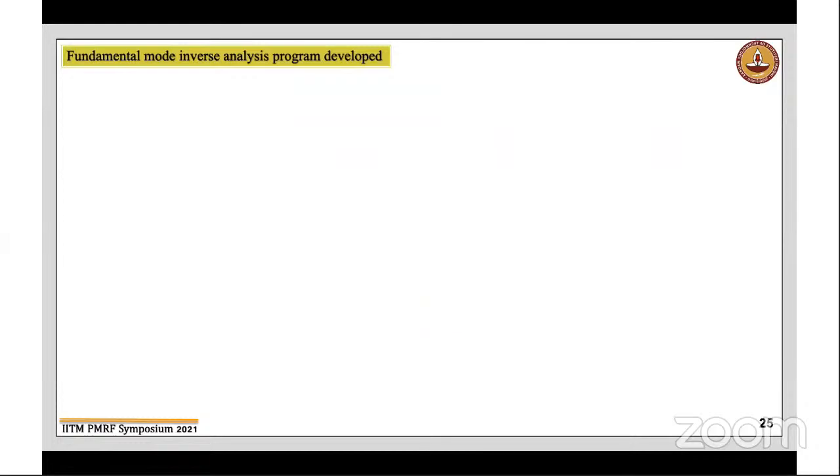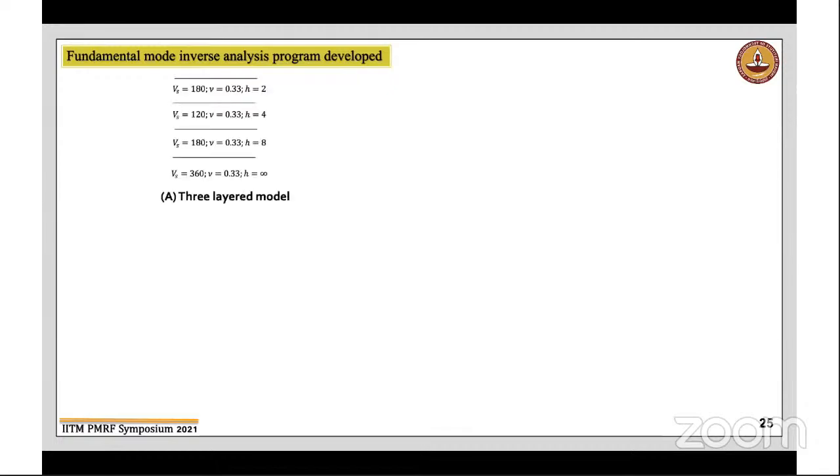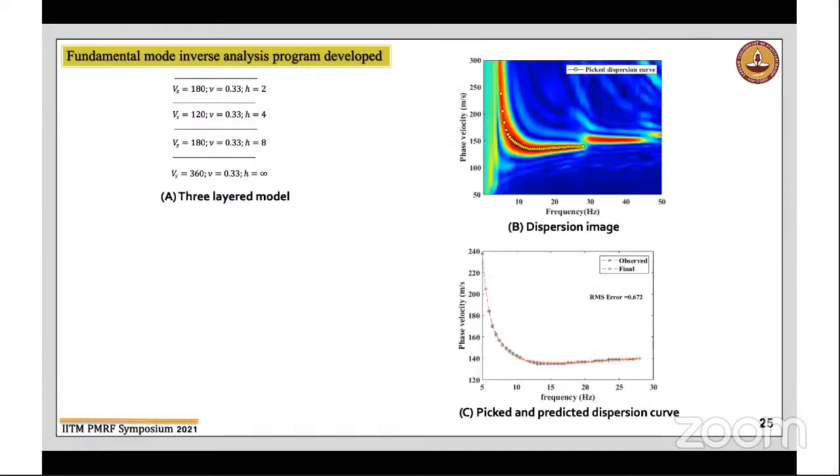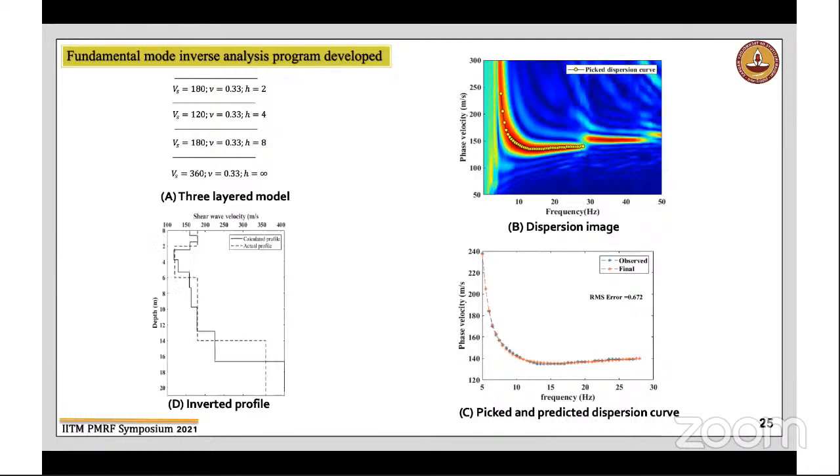Here we have developed one fundamental mode-based inversion algorithm and applied it on several synthetic and field data. As an example, we have virtually conducted one MASW test on this 3-layer system using our developed finite difference scheme, and using the resulting dispersion image, we perform inverse analysis using our code, and finally the results shown here match well with the actual profile.